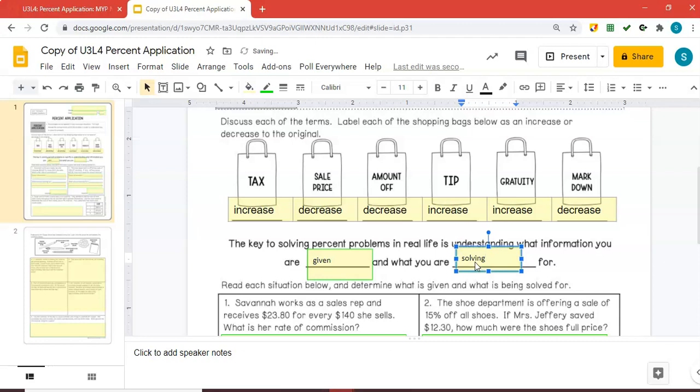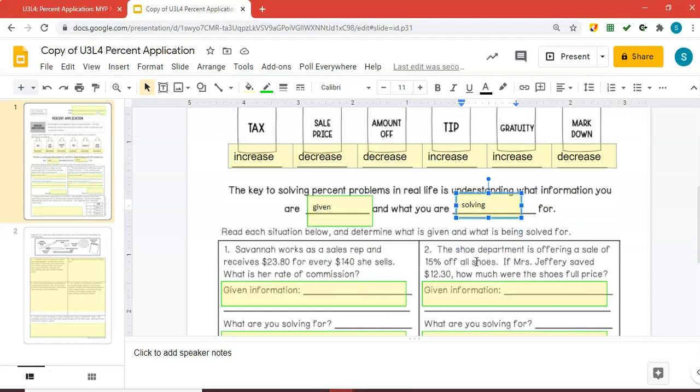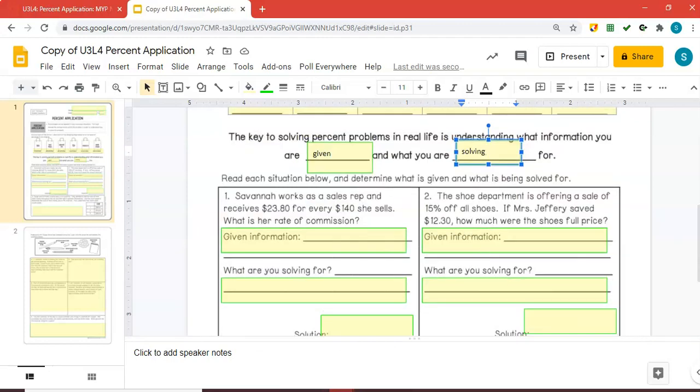So you're going to be looking for whether you have a part, a whole, and what you are trying to calculate. We're going to read this information, try to break it down, and think about what we need to find.